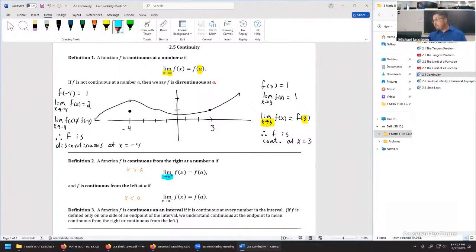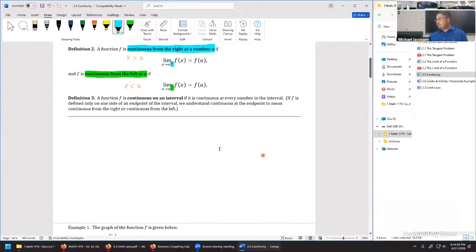So think of the plus here, meaning continuous from the right. Let me highlight that a little bit better. It's more about that plus. And the minus right here is meaning we're dealing with continuous from the left. Visually, this is what it's going to look like. So I'm going to draw a more complicated looking graph.